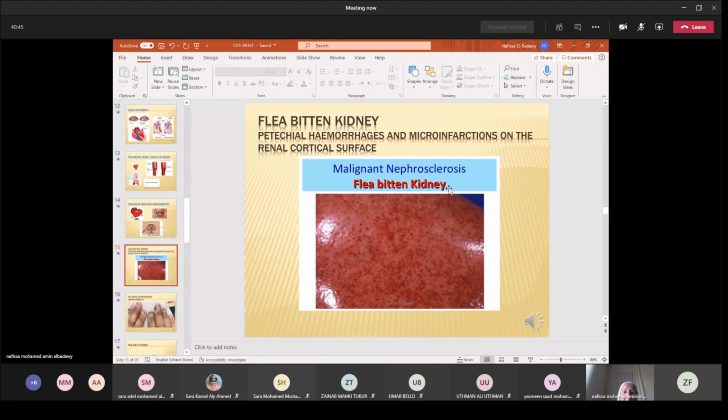That's why they call it flea-bitten kidney, because it has all these small petechial hemorrhages on the surface, which are caused by the emboli that reach the kidney. It is called flea-bitten kidney, as if a flea has bitten the kidney.